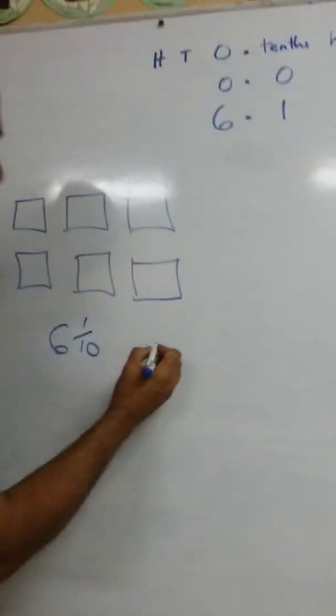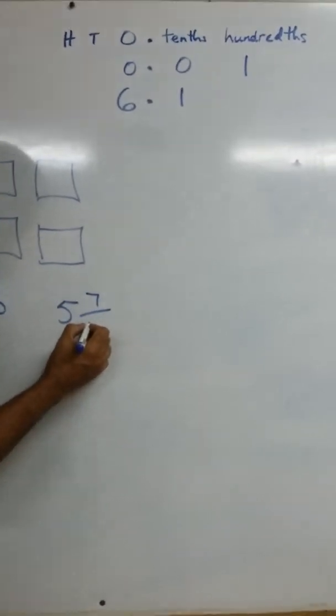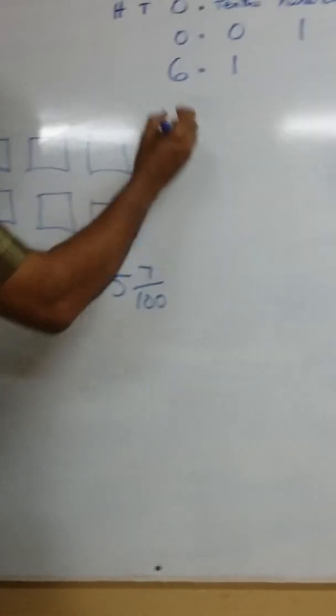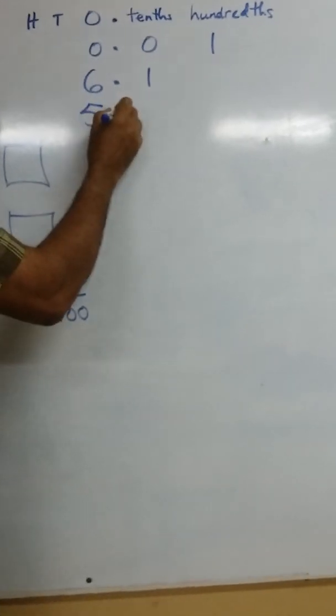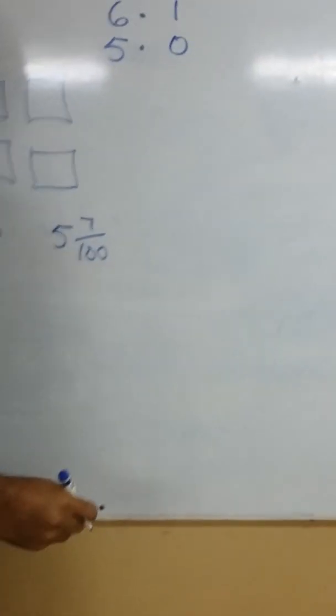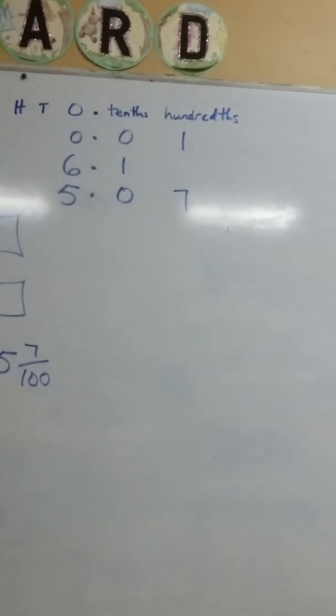What about 5 wholes and 7 hundredths? I will write it as having 5 wholes, 0 tenths, and 7 hundredths. 5.07.